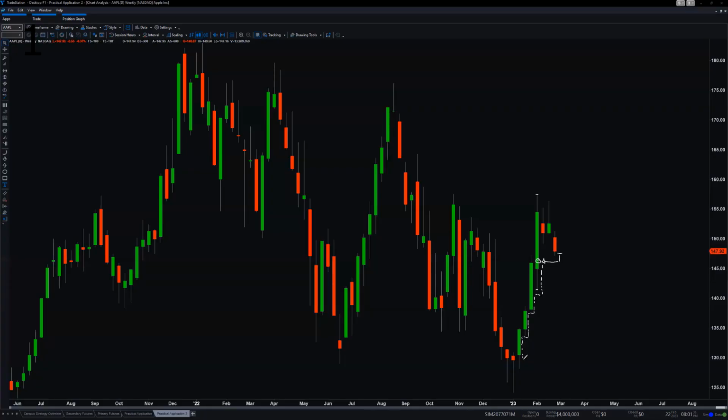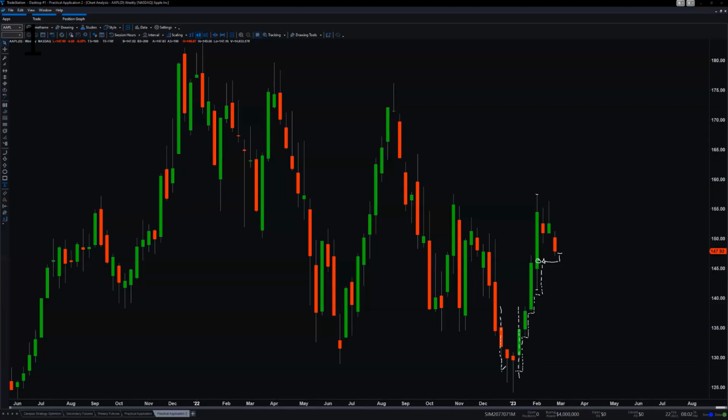Okay, as I look again, all of a sudden I have a base here. So if I have a base, I should have a leg in somewhere. Where's the leg in? Well, base, indecisive, indecisive. This is decisive, so this could be my leg in. So I have a drop, I have a base, and I have a rally.